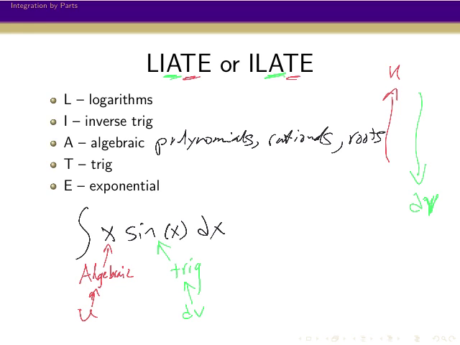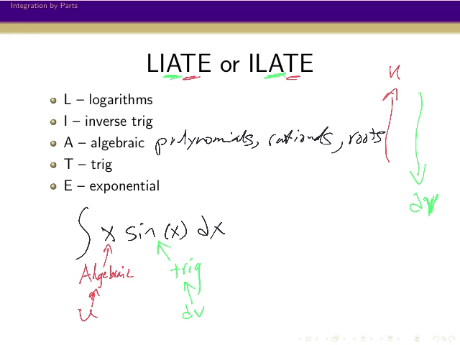Same thing if you take the derivative of something like arc sine. Well, the derivative of arc sine is 1 over square root of 1 minus x squared. So that is also an algebraic function because it's a root in a fraction. So those become u's because on the other side, in the new integral, they will become the du's, and so they will be simpler than what they were before.